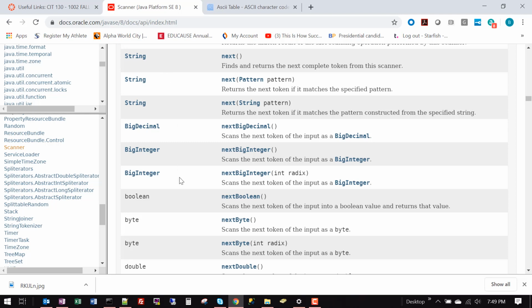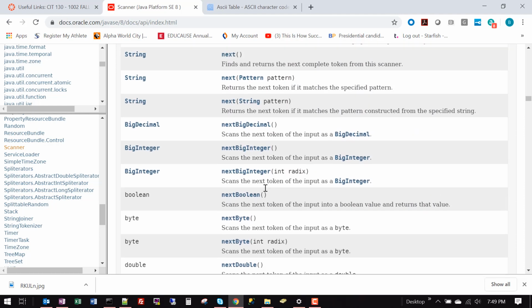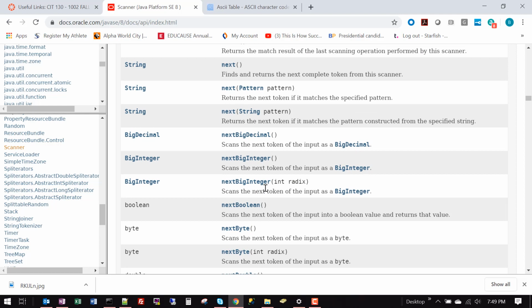If we look down a little further, we see one called next line, which advances the scanner past the current line and returns the input that was skipped. And what they mean by skipped is advanced past. So because the space works as that token separator, it saw this as 2 strings and it got confused.